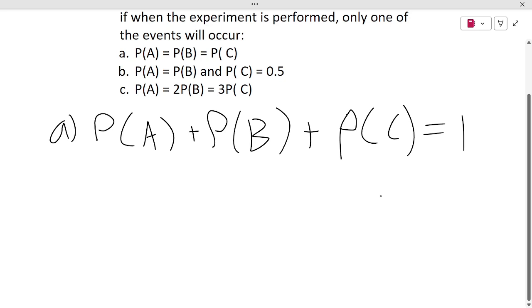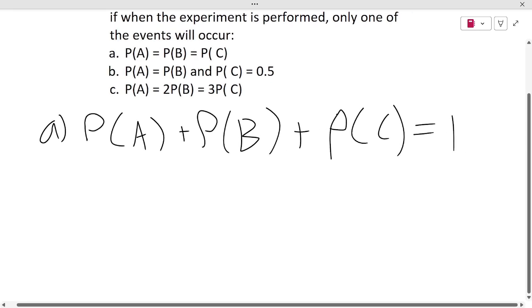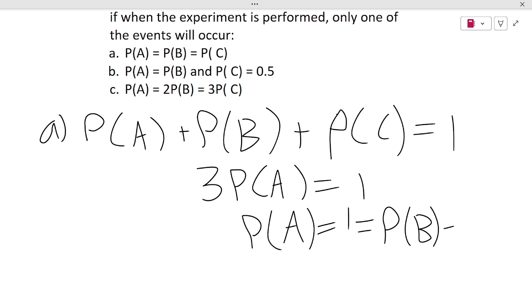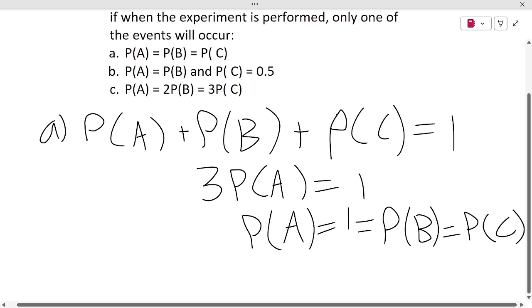In A, if they're all equal to each other, then we have 3 times the probability of A, because the probability of B is equal to the probability of A, and so on. So the probability of A is equal to 1/3, which is equal to the probability of B and the probability of C.